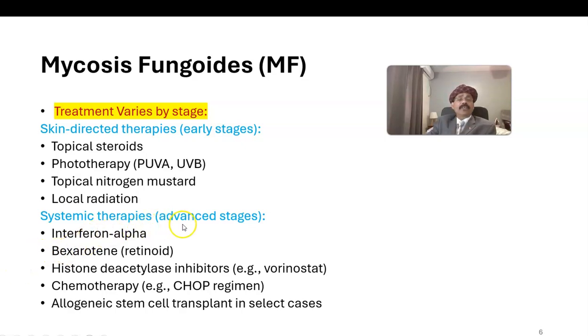Systemic therapies for advanced stages: interferon alpha, bexarotene, a retinoid, histone deacetylase inhibitor vorinostat, chemotherapy, that is CHOP regimen, and allogeneic stem cell transplant in selected cases. So we have local treatment and systemic treatment, and we use local steroids, interferon alpha and other medications.